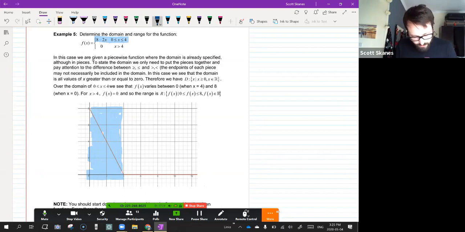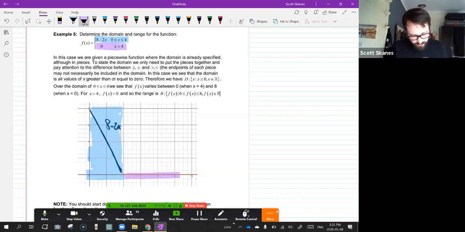Let me make it clear here. That's the function x minus 2x. In that domain, that's the function that exists. As soon as it hits the 4, we throw away that function and put in a new function. Once it hits anything bigger than 4, we're going to use the function 0, which is literally just a straight line at 0.